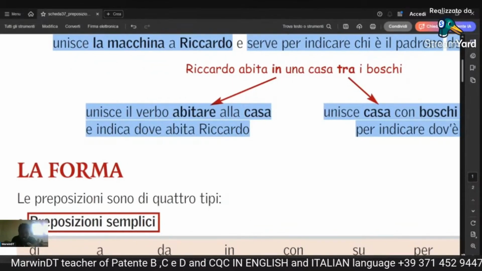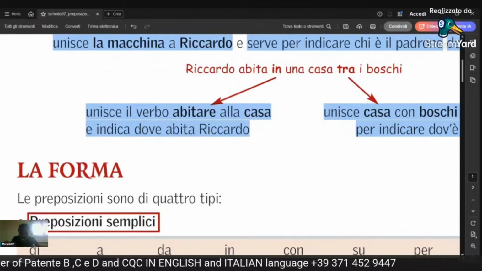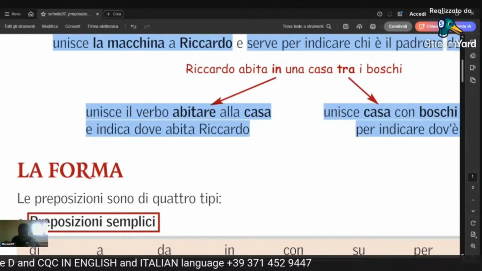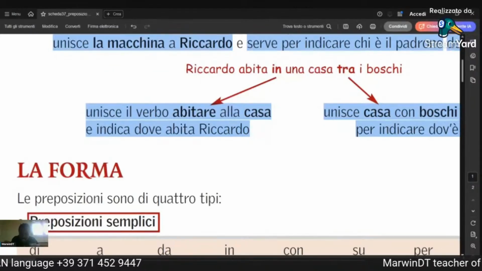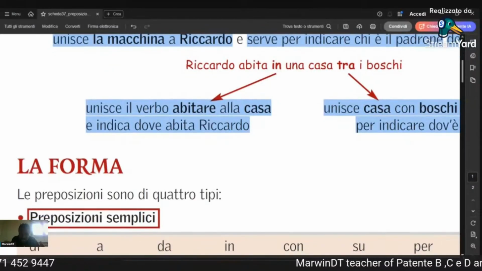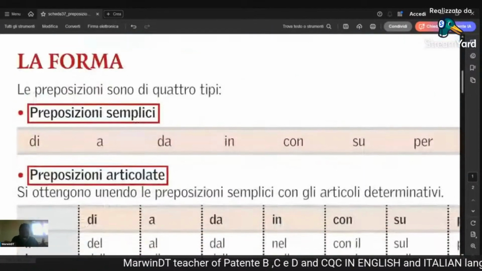Now I'm explaining everything because if you don't understand the purpose of these preposizioni and the articles, you will not use them correctly in a sentence.